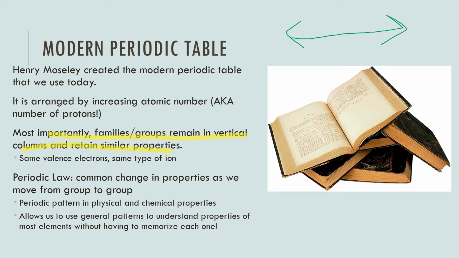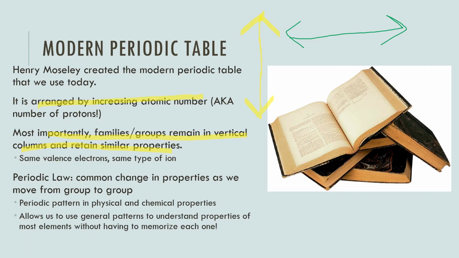So we've taken Mendeleev's elements that were side by side, and now we've created a family, or we call them groups, from top to bottom. These elements have the same number of valence electrons. We identified these group numbers last week. So group 1A has 1 valence electron, group 3A has 3 valence electrons, and they all form the same types of ions.